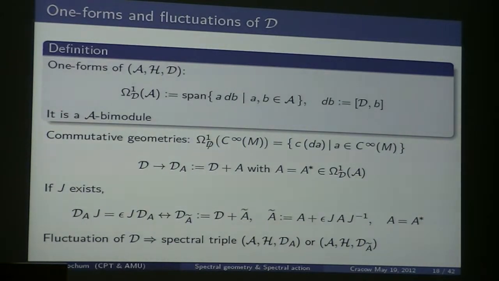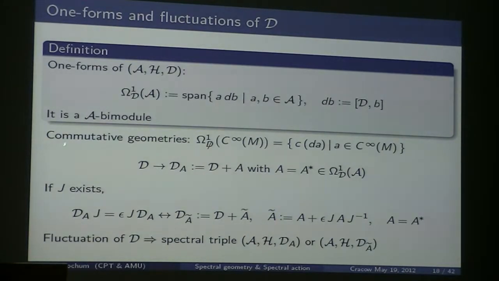Okay, so when you have a Dirac operator, of course you have fluctuation of this operator, namely you can add a connection. So what about connection here? You need to have a notion of 1 forms, and these 1 forms are just, as it should be, of the form A dB, A and B in the algebra, and dB is just a commutator with the Dirac operator, or with D, which is a Dirac-like operator, you know.